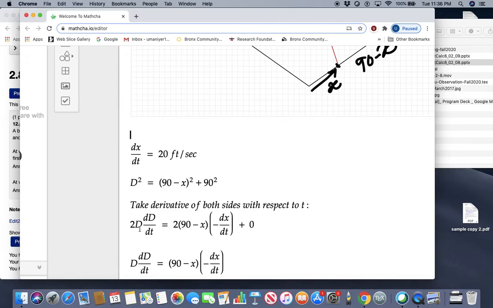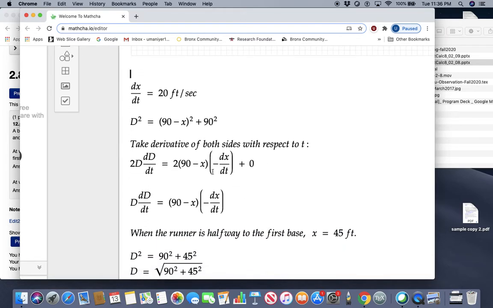So 2d dd/dt equals 2(90 minus x), derivative of the object inside, there is a negative, so times negative dx/dt. This is constant, its derivative is 0. I have a 2 here, I have a 2 here, so divide both sides by 2. I get d dd/dt equals (90 minus x) times negative dx/dt.